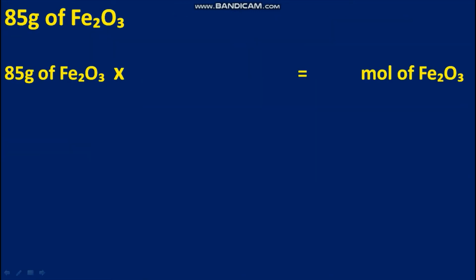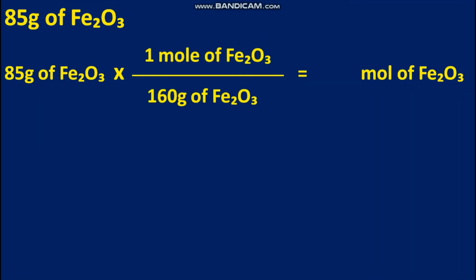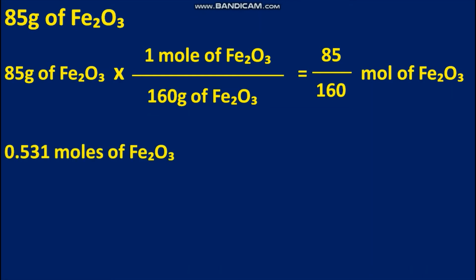So we started off this reaction with 85 grams of iron(III) oxide, and to work out the number of moles, we need to work out 85 grams divided by 160 grams per mole, which is the AMU of iron(III) oxide, and that would make 85 over 160, which is 0.531 moles of iron(III) oxide.